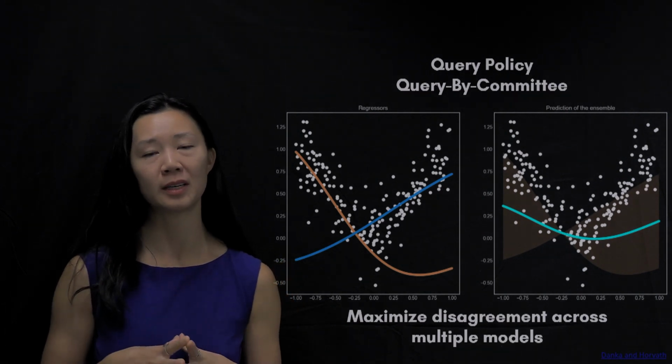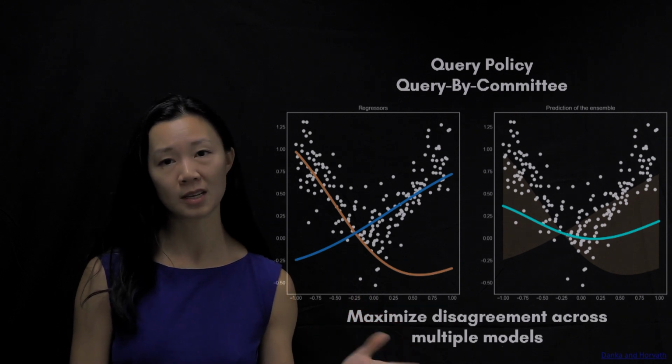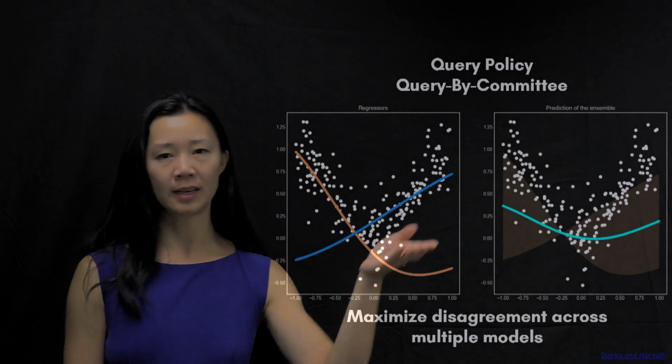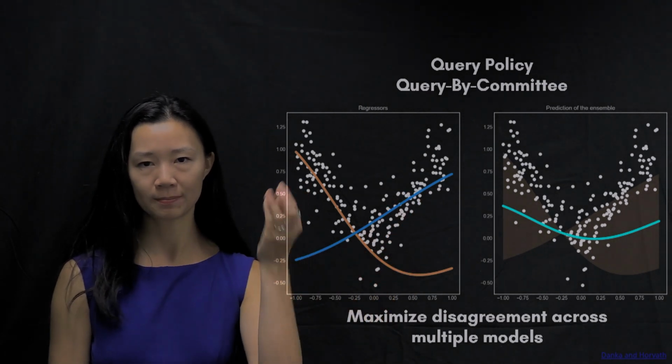What you want to do in query by committee is to maximize the disagreement across the multiple models. And so if we look at this picture of the multiple models, it seems like the models most disagree probably at the boundaries over here.